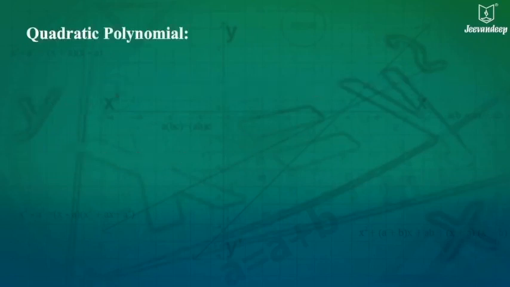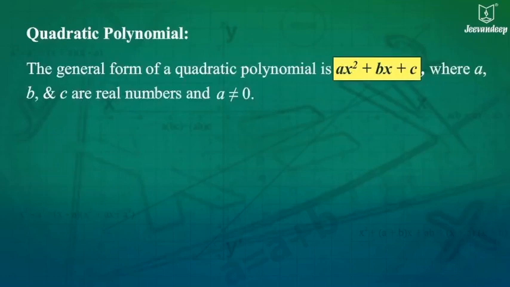Quadratic polynomial. The general form of a quadratic polynomial is ax square plus bx plus c, where a, b and c are real numbers and a does not equal 0.